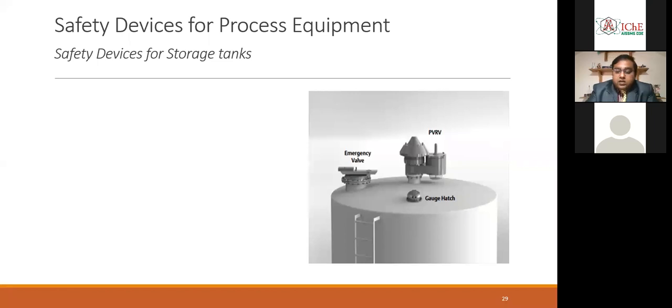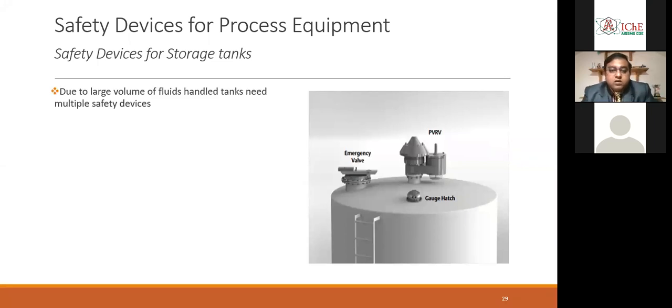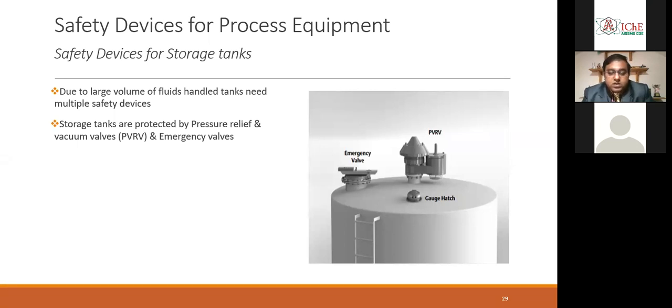So for tanks, we generally put a PVRV, as we have explained. There has to be multiple kinds of safety devices, and one of them is the PVRV. When you are putting liquid into the tank, the displaced volume will be released through the pressure valve, which acts similarly to a PSV.